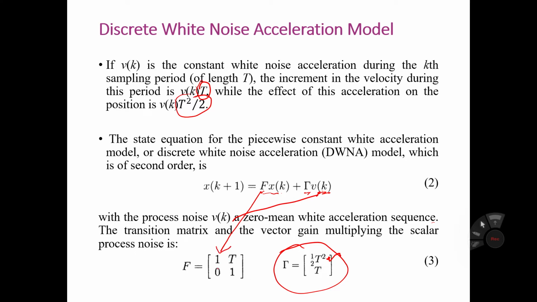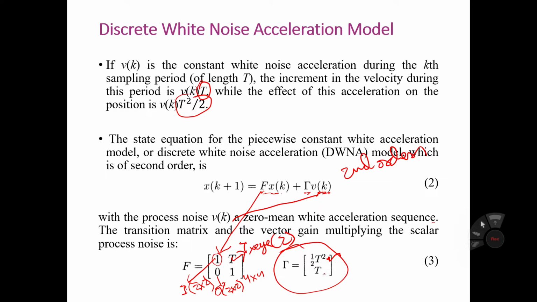We have already known that it is a 4 by 4 matrix, with the identity matrix I 2 by 2, the zero matrix 2 by 2, and T times the identity matrix. This is the second order model.